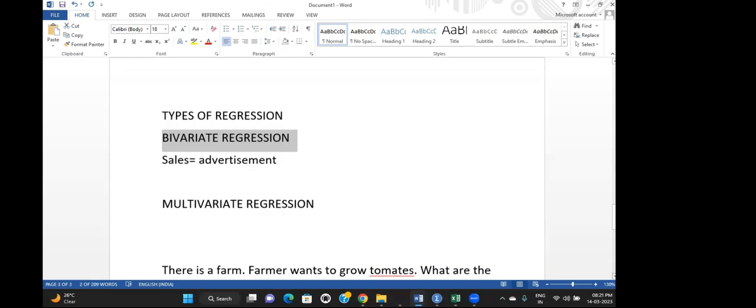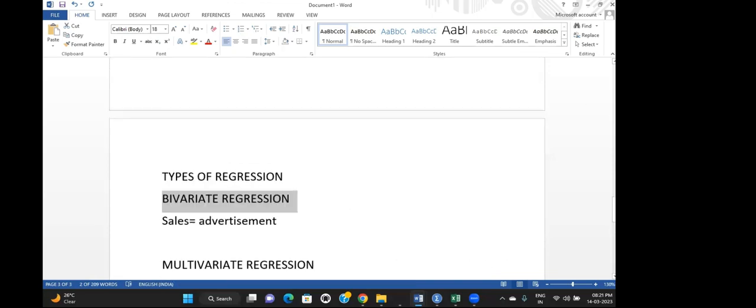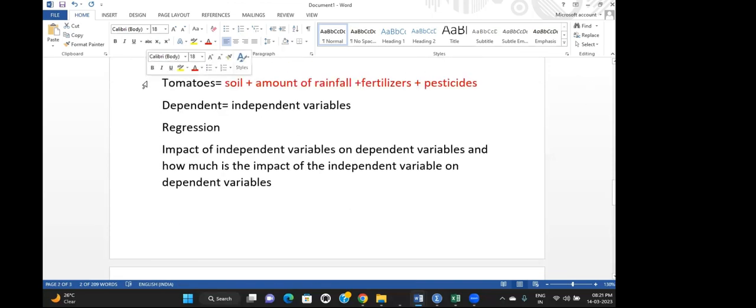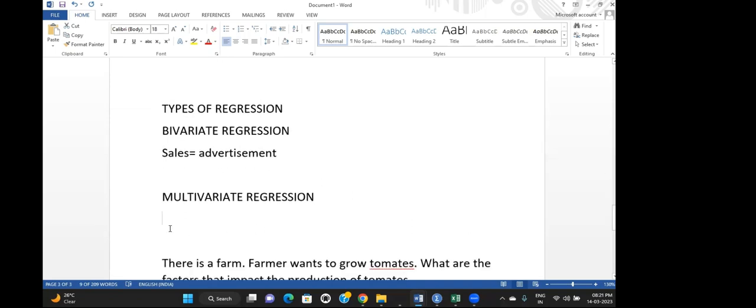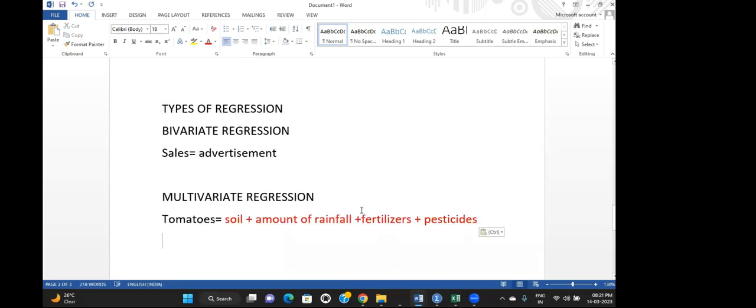Bivariate regression, right? But the above example that I took, this one, what is this example? This is an example of multivariate regression where there is more than one independent variable and the dependent variable is one.